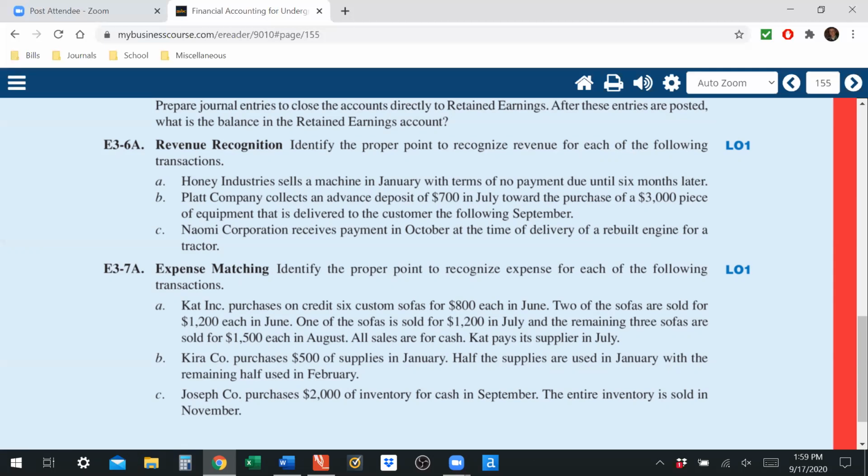It doesn't matter if the customer has paid them or not. So right here, Honey Industries has provided the machine in January to the customer. If they hadn't provided the machine in January, it would say that. They don't require the customer to pay, though, until 6 months later. So Honey Industries has earned the revenue as of January, therefore they have to recognize it in January.